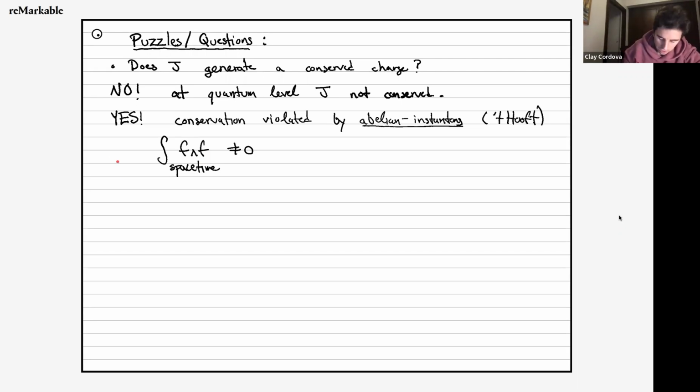This is needed to violate it. But if you're a simple person on, say, S4, which is usually what we think of as a regulated R4, there are no abelian instantons.